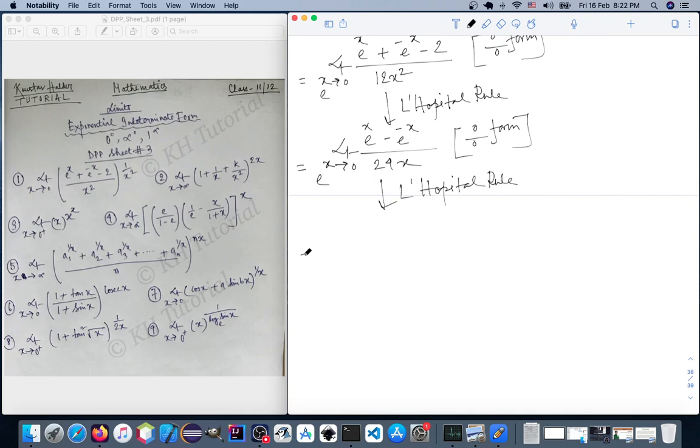And we get (e to the power x plus e to the power minus x) by 24. Now we can substitute the value x equals 0, and we get e to the power (1 plus 1) by 24, which equals e to the power 1 by 12. So e to the power 1 by 12 is the answer.